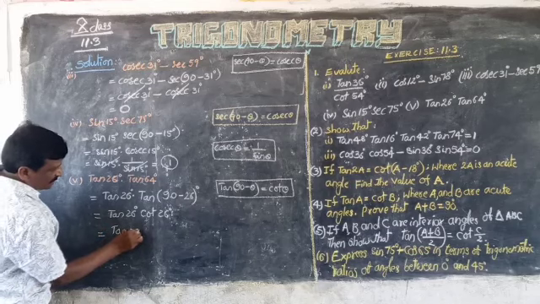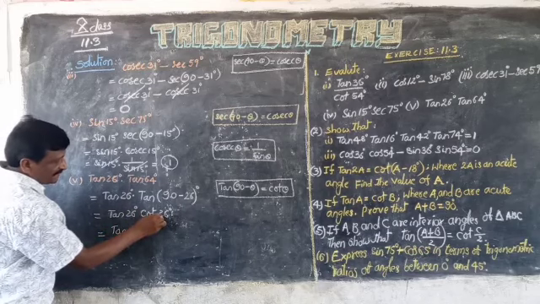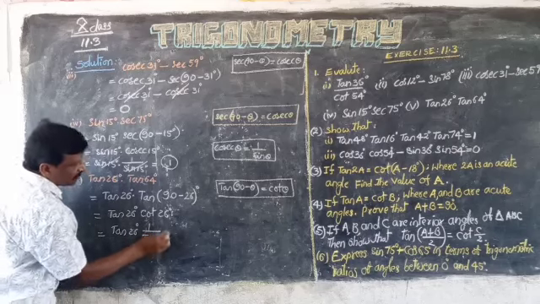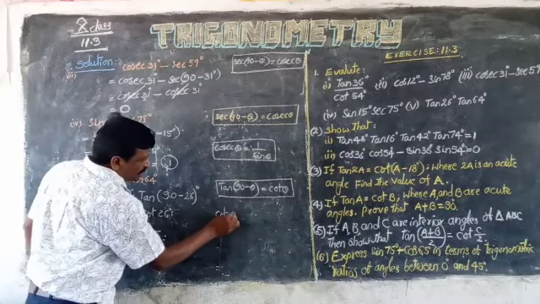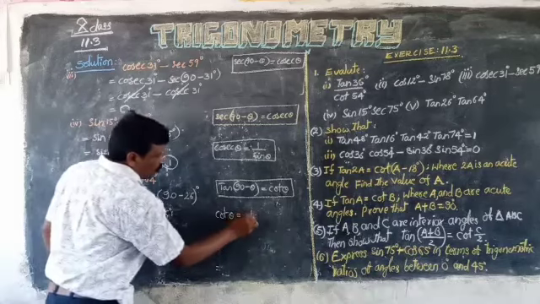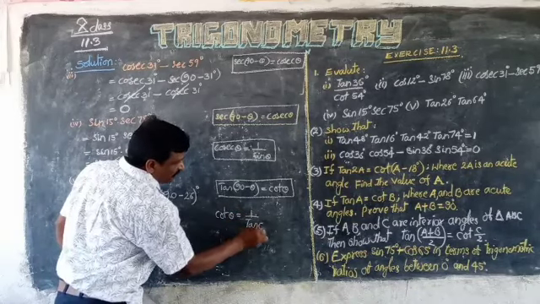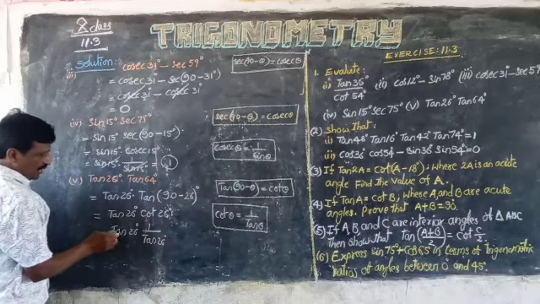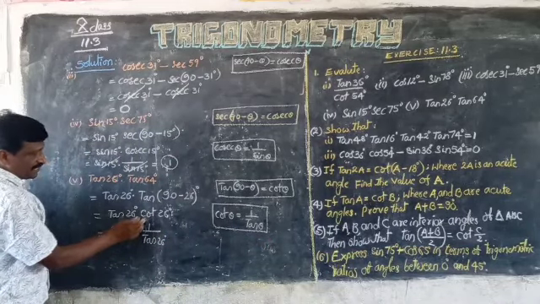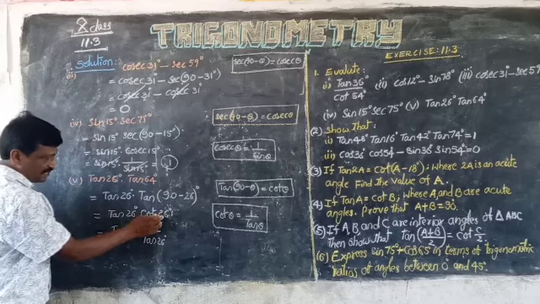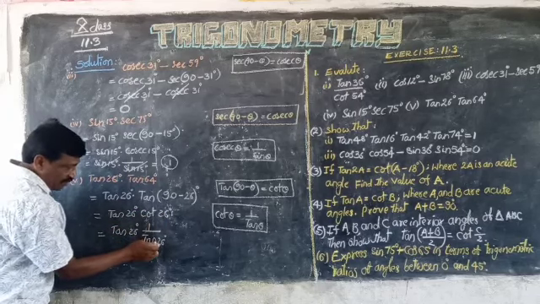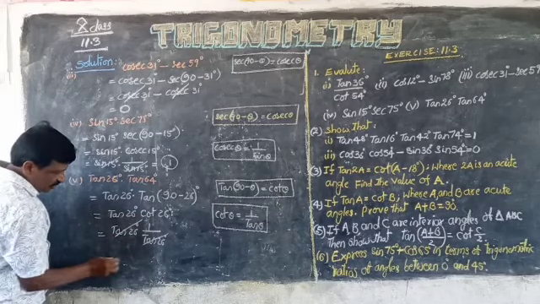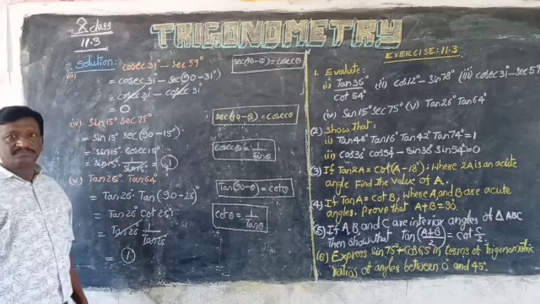Cot 26 degrees is equal to 1 by tan 26 degrees, since cot theta is equal to 1 by tan theta. So tan 26 degrees into cot 26 degrees is tan 26 into 1 by tan 26, which is equal to 1. Answer 1.